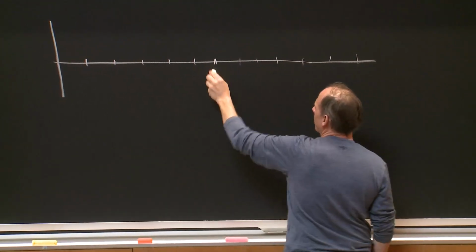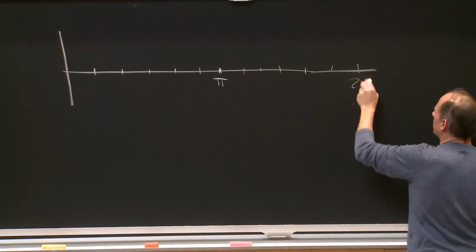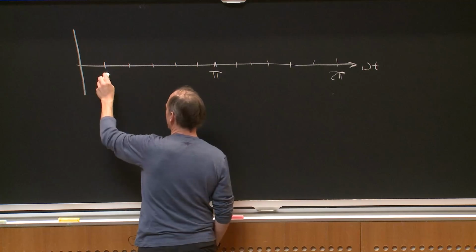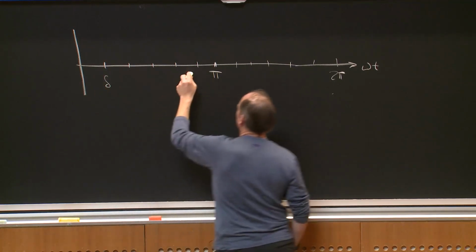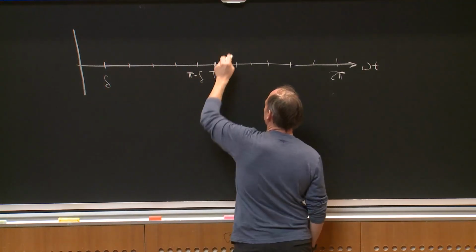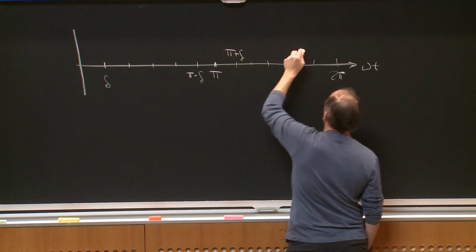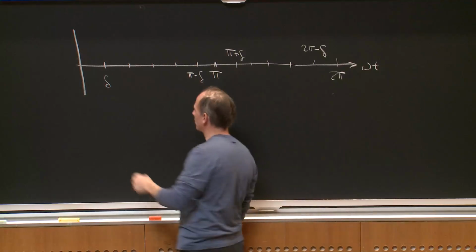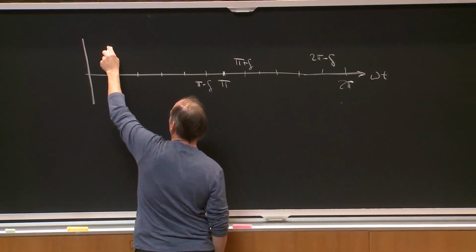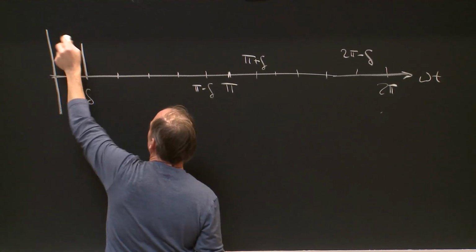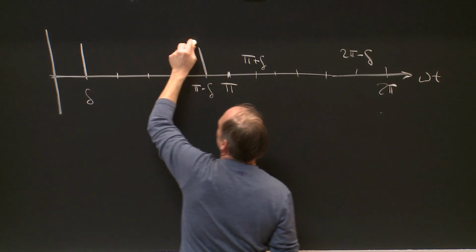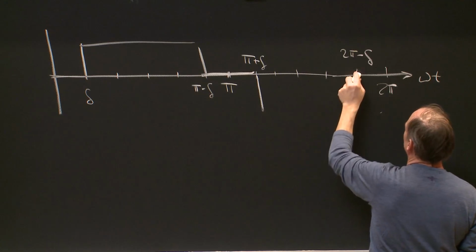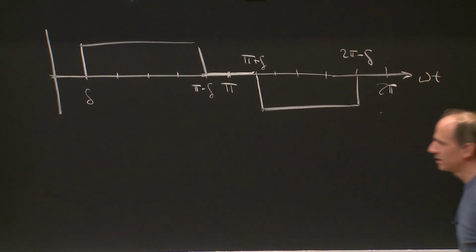If this is pi, this is 2 pi, this is some angle omega t, and I synthesize an angle, I may have delta, pi minus delta, pi plus delta, and 2 pi minus delta. If I synthesized a waveform that looks something like this, and so forth, that is half-wave symmetric.